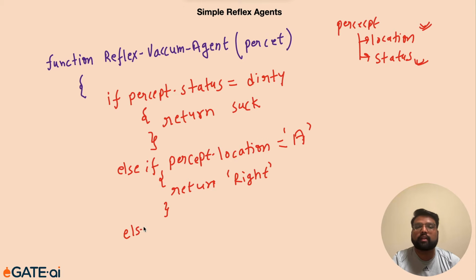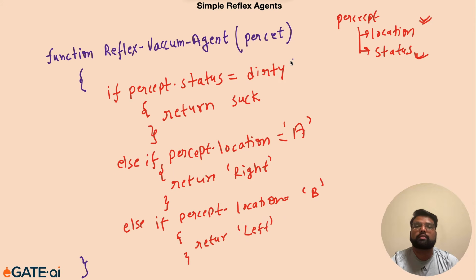Otherwise, else if percept.location is B, it will return left, right?